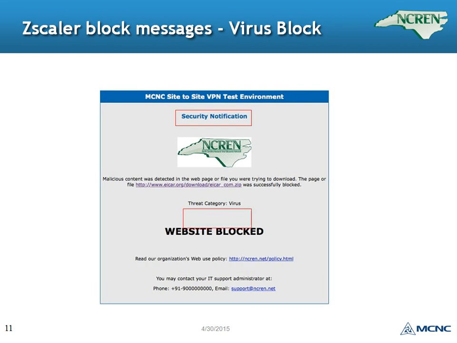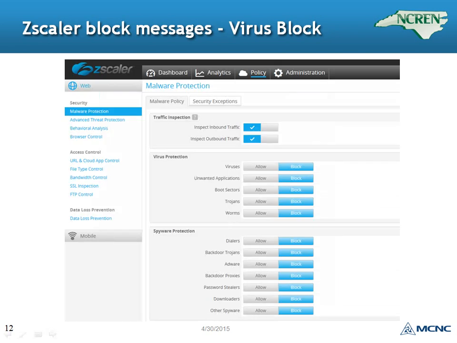Once again, if this wasn't a desired effect, maybe the better thing to do, instead of allowing it for everyone, is if it was something that you were trying to block for some but allow for others, being that it is a Web 2.0 policy or a cloud application control policy, you could actually make this more granular and say allow it for this group, say teachers, but continue to block it for students, right?